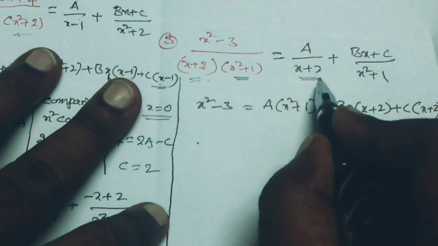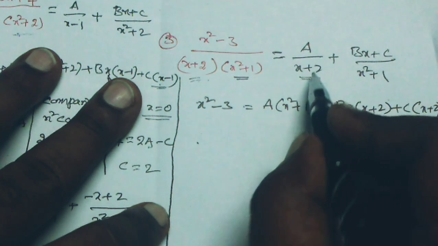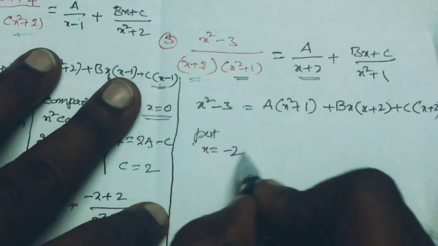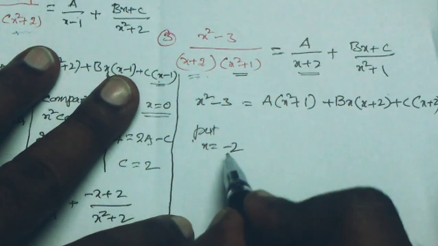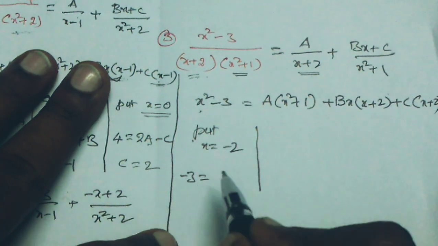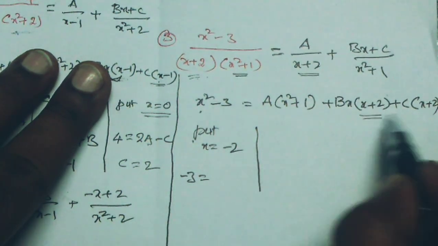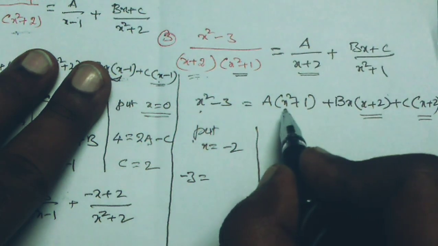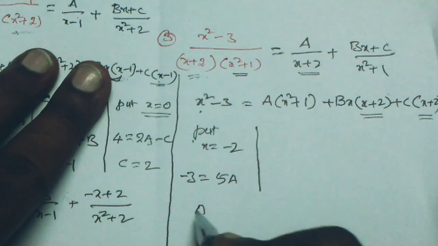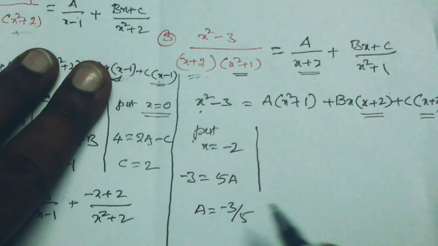In order to find a, put x plus 2 is equal to 0, which means x is equal to minus 2. Now if x is equal to minus 2, what happens? LHS becomes minus 3 is equal to RHS, this becomes 0, this becomes 0. Therefore minus 2 whole square, 4 plus 1 is 5a. Therefore a is equal to minus 3 by 5.